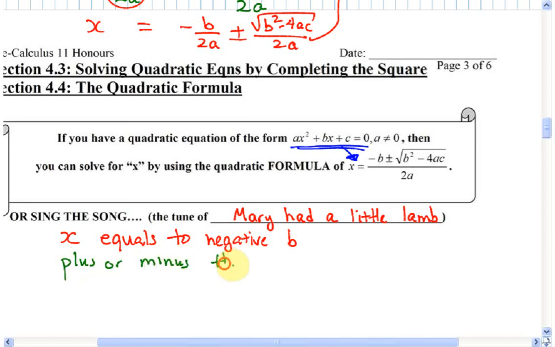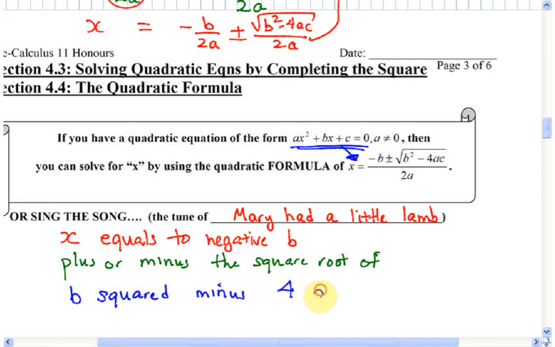The square root of. Okay, so x equals negative b plus or minus the square root of, what's next? b squared minus 4ac. That's good. Divided by 2a.